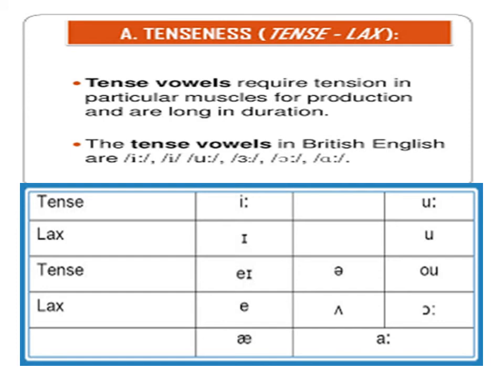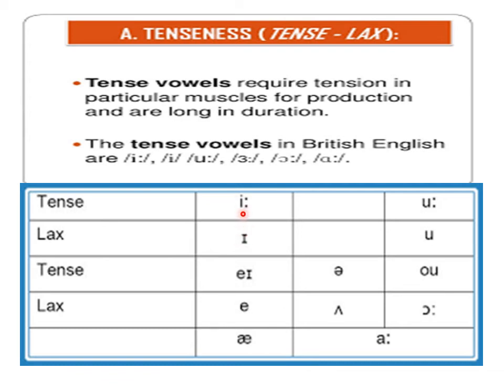This is not the tension that we feel in general. At the time of production, it may take a long duration and particular muscles will be undergoing certain tension. In this table, you can see tense vowels like ee, oo. This is called tense vowels. But for lax vowels, there are no dots after them. There is not that much attention at the time of pronouncing the short i and u.